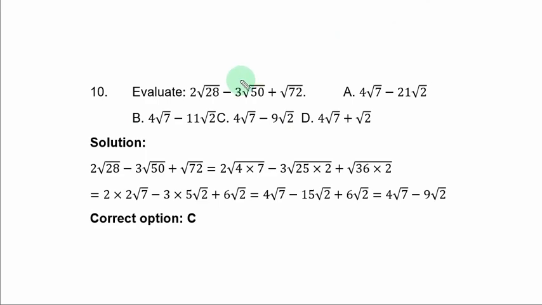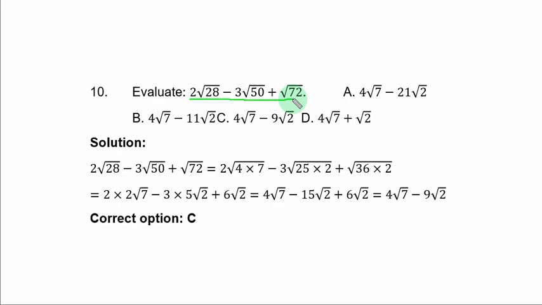Question 10. Evaluate 2 root 28 minus 3 root 50 plus root 72. Now, one thing about addition and subtraction of surds is that you can only add or subtract similar surds. So going by that, at this step you conclude that you cannot add or subtract.